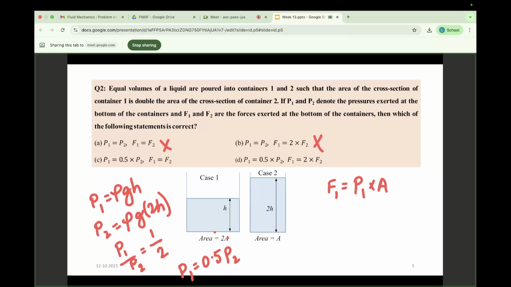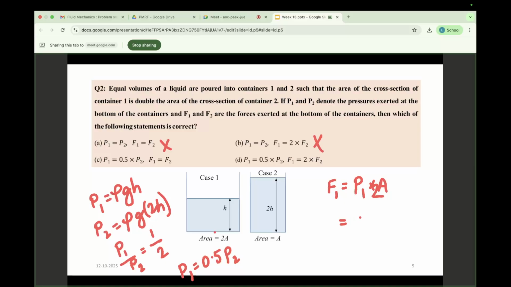In the first case, area is 2A. It should be 2A, right?